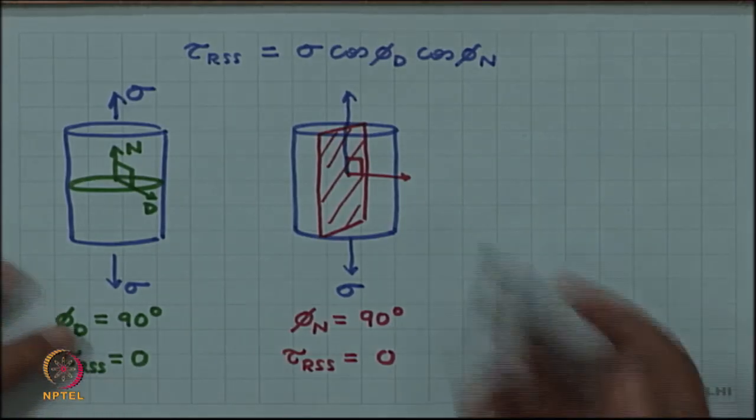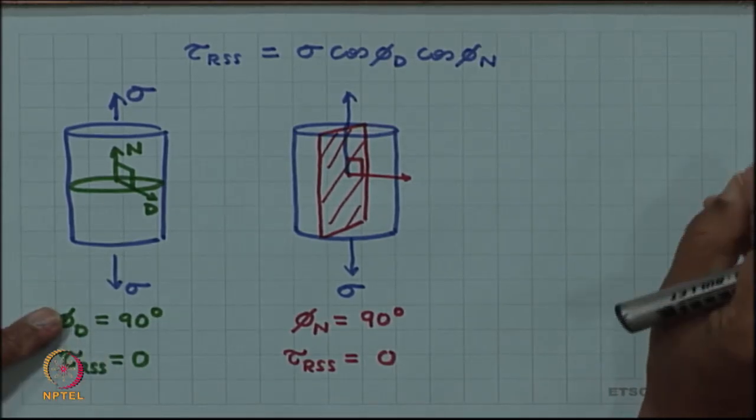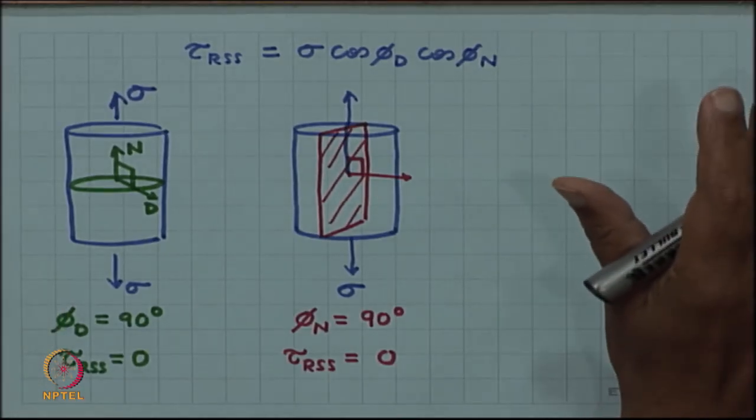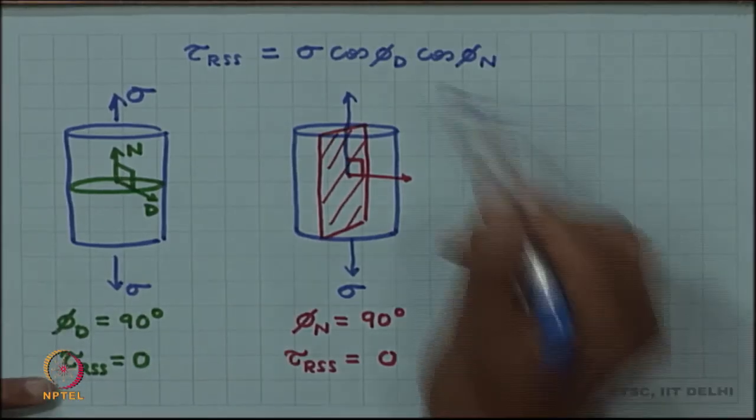So, in fact these are the only two planes for which the resolved shear stress has to be 0. On all other inclined planes there will be some resolved shear stress.